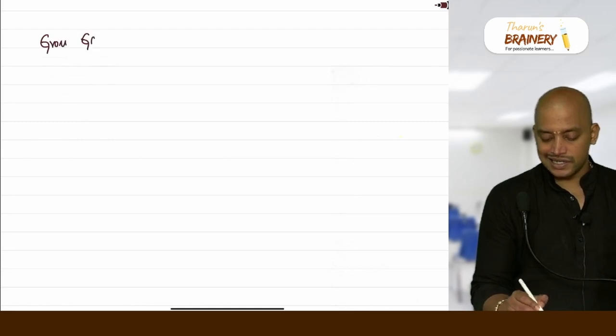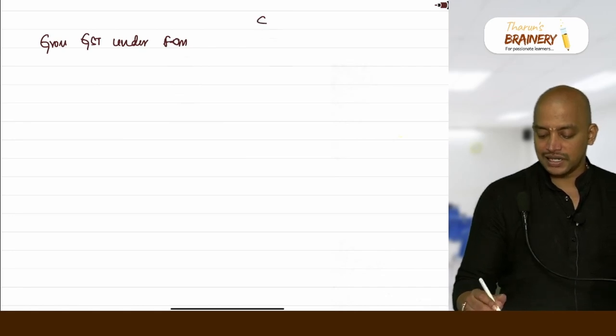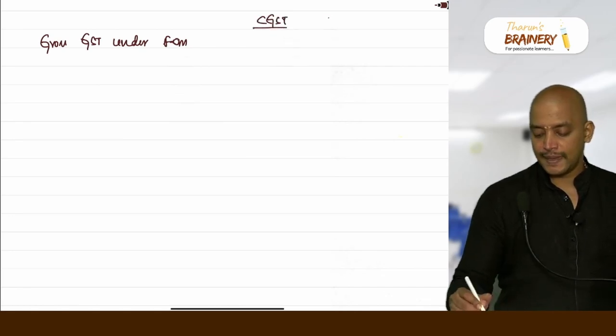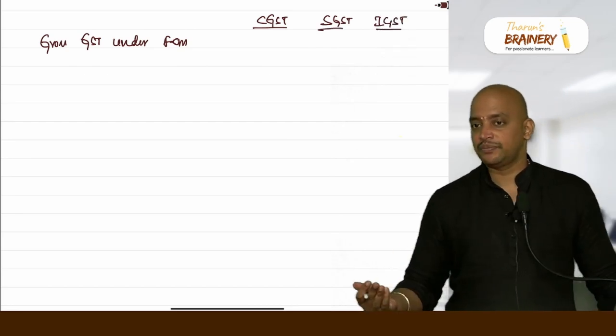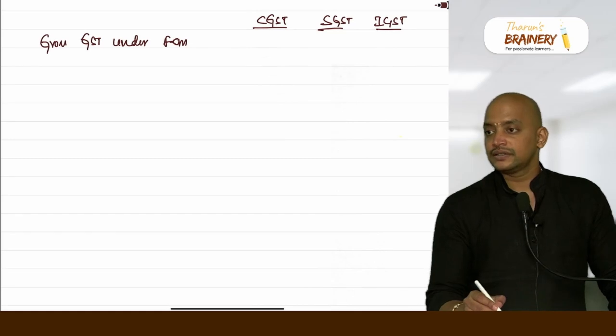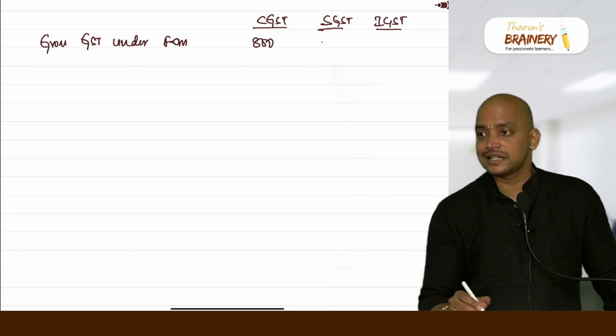Gross GST under FCM, copy paste whatever numbers you can see, you tell me. CGST, SGST, IGST. Whatever numbers are there in the question, that alone you tell me. How much? 800. Gross liability 800 only for CGST.